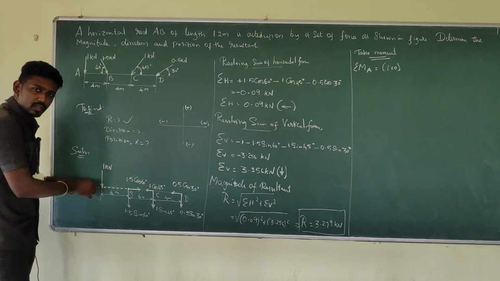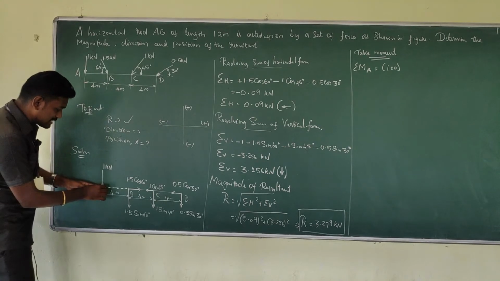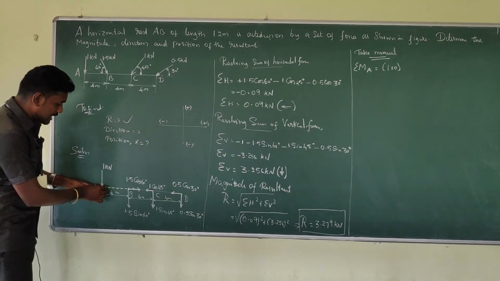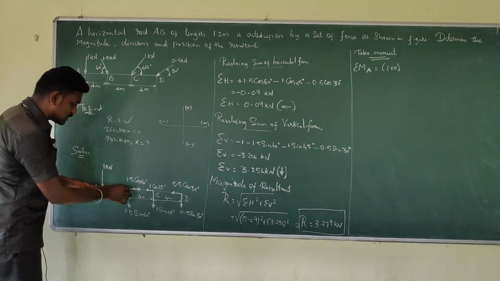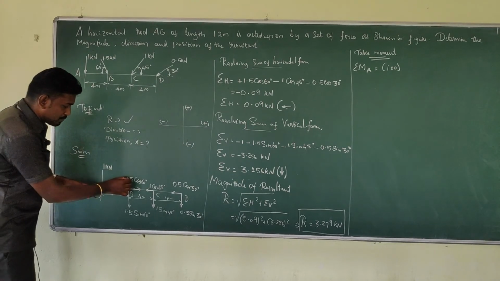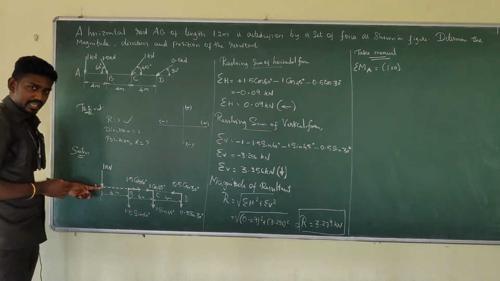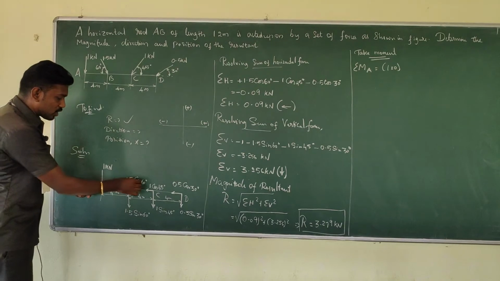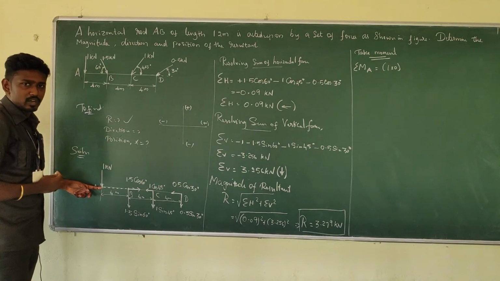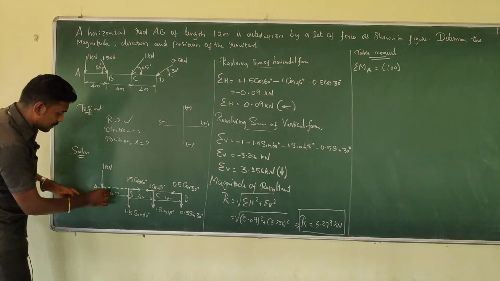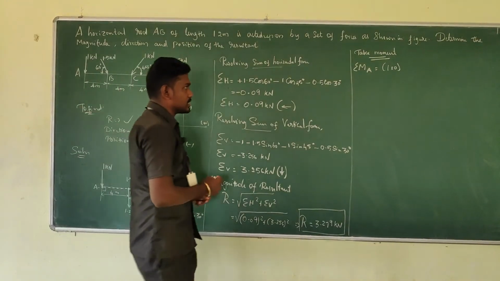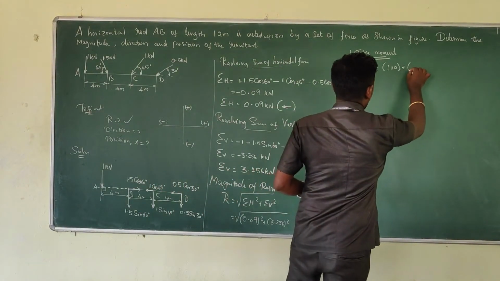Am I right? Coinciding. So I can also say it is acting from the point A. It will produce the same effect. So consider it is acting from the point A. If you take moment for 1.5 cos 60 degree, 1.5 cos 60 degree into its perpendicular distance, what about the perpendicular distance? There is no perpendicular distance. So it is 0. Directly you can write 0.